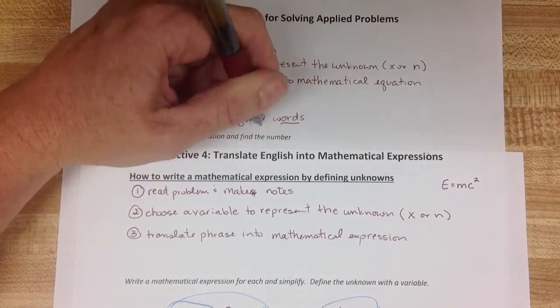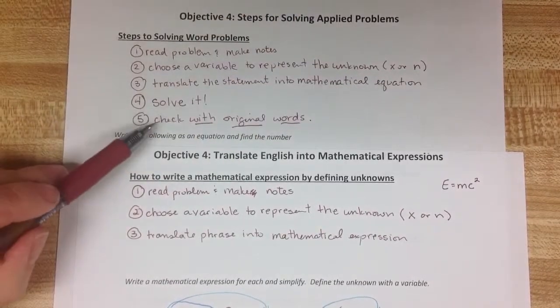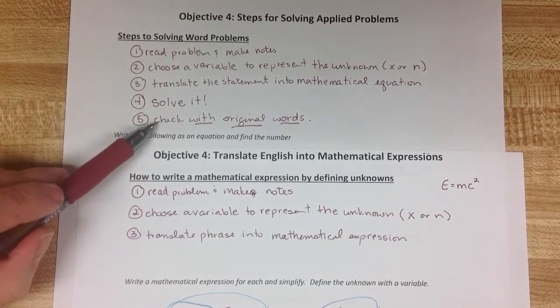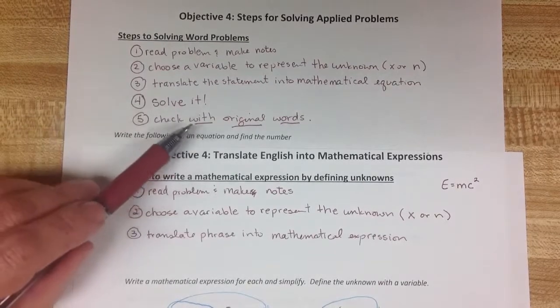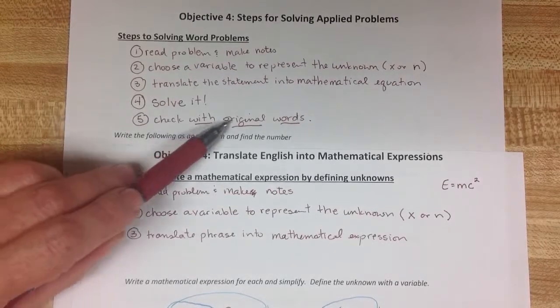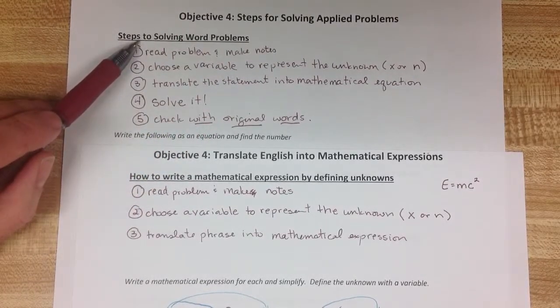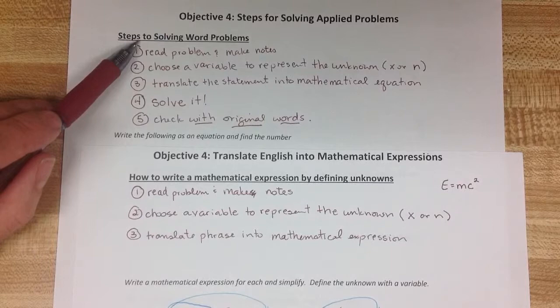Okay? And by that I mean, don't do your check by putting it back into the equation that you wrote, because if you wrote the wrong equation, you'll only be proving that you found the right answer to the wrong problem. So we need to make sure that you're checking your answer by going all the way back up to the original word statement.